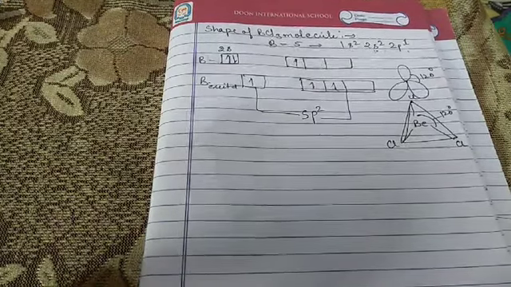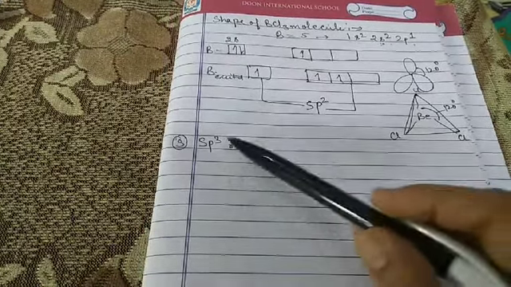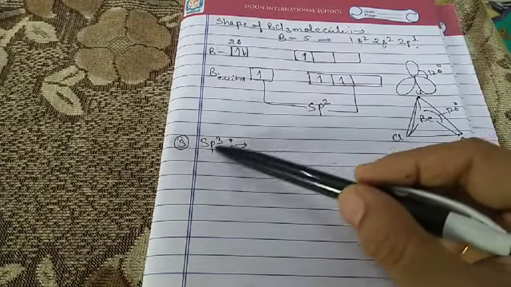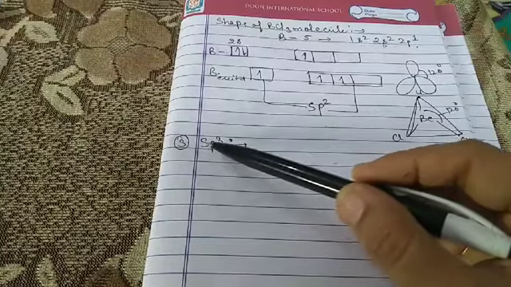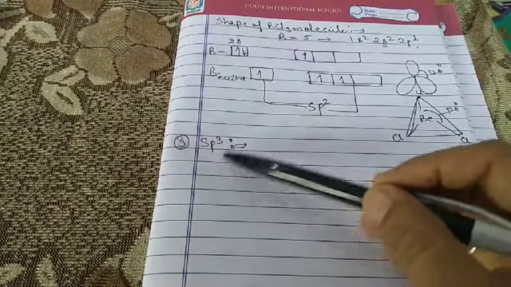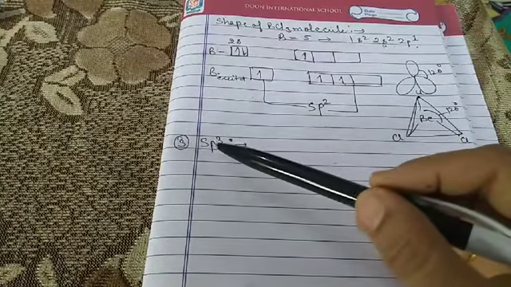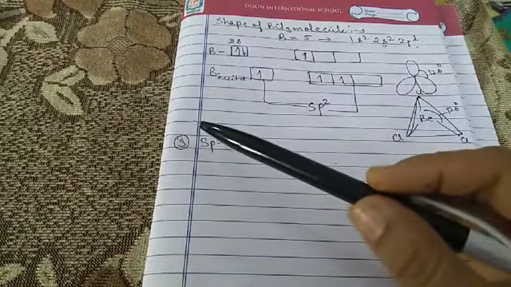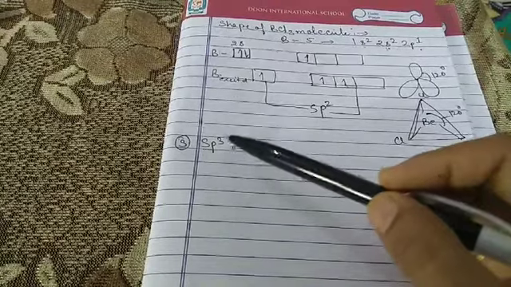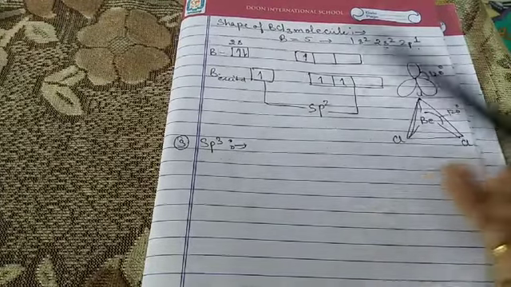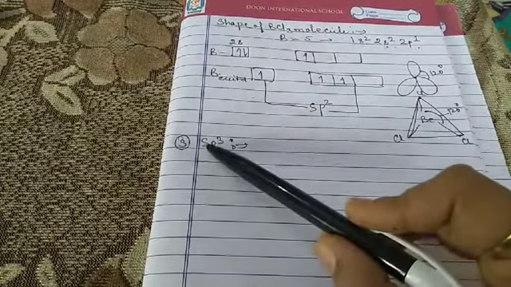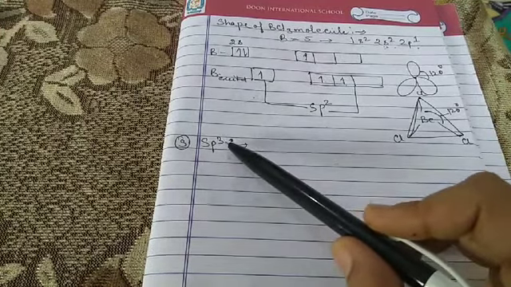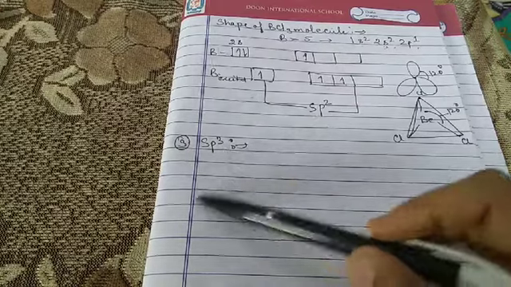Now the next one is the sp3 hybridization. Again, it is clear from the name that 1s and 3p orbitals hybridize to form 3 plus 1 equals 4 sp3 hybrid orbitals of equivalent energy and shape, and there is 25% character of s and 75% character of p in the sp3 hybrid orbital.